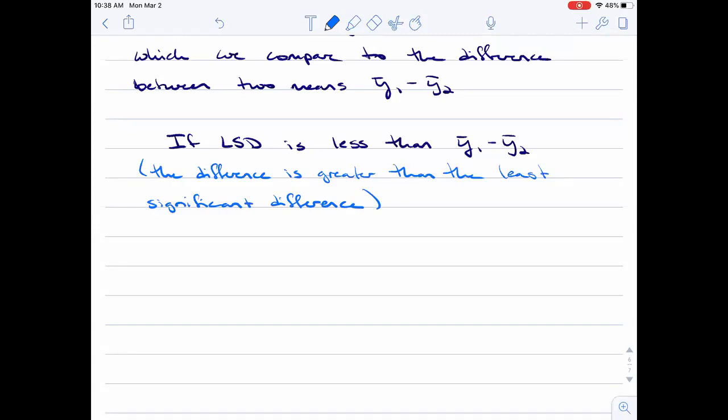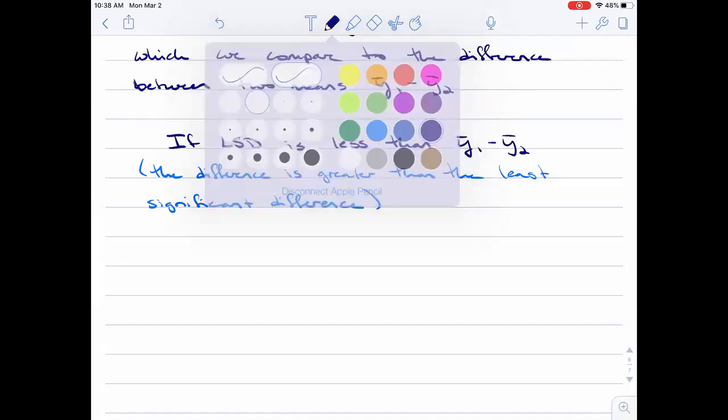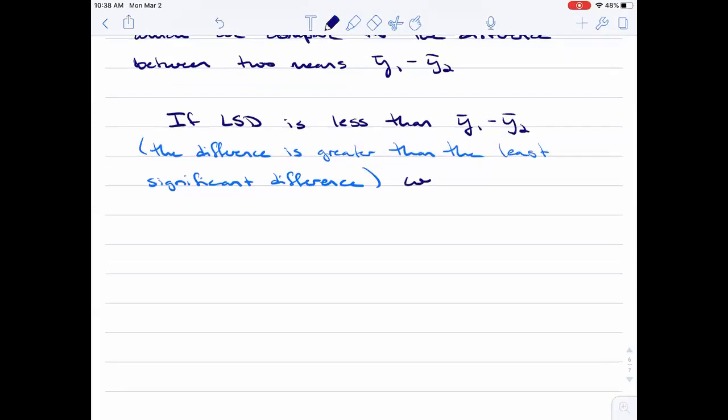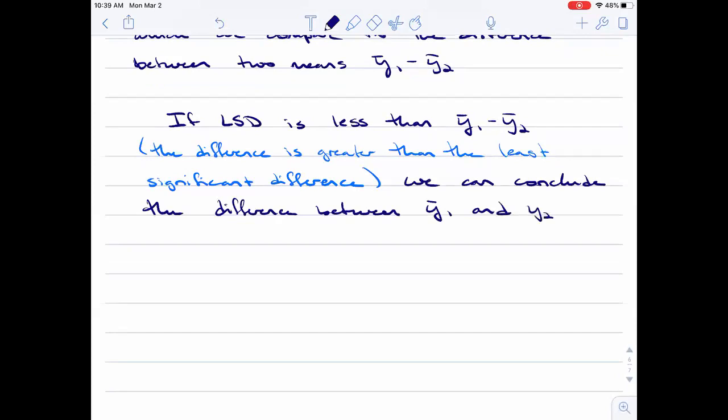So if the least significant difference is less than the actual difference that you're observing, we can conclude the difference between y1 bar and y2 bar is significant.